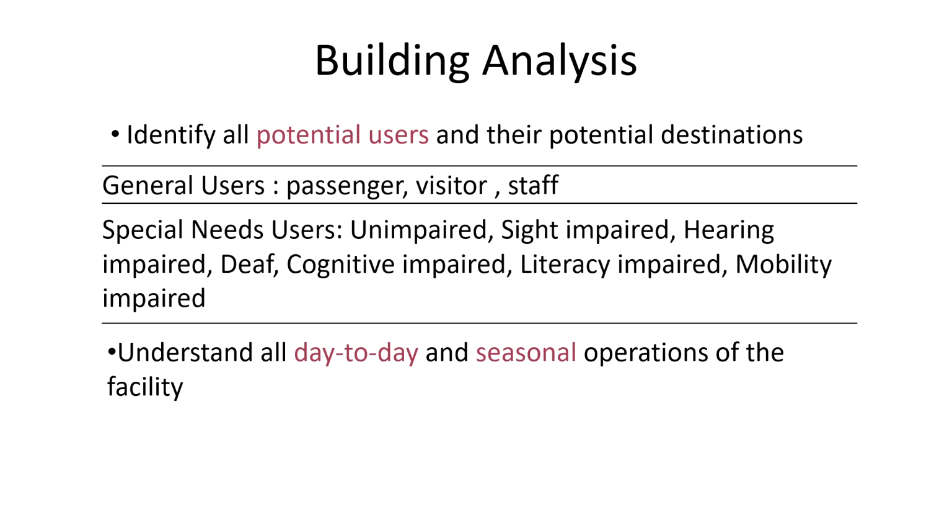On the other hand, special needs users encompass individuals with various disabilities, including sight impairment, mobility impairment, cognitive impairment, or even literacy impairment.